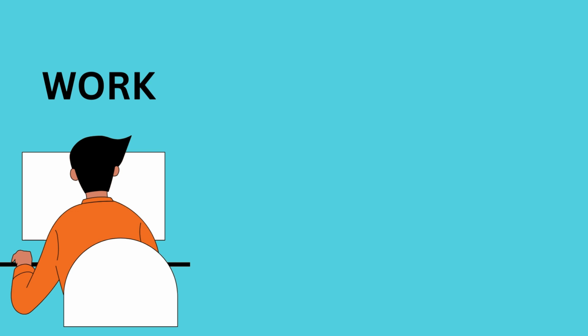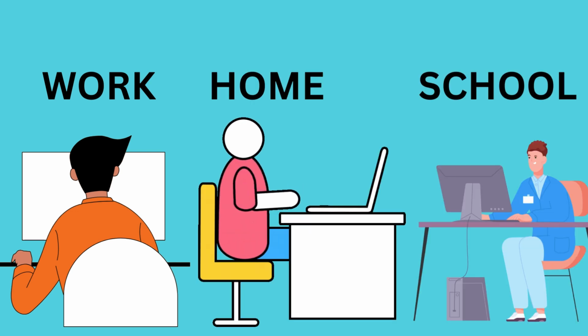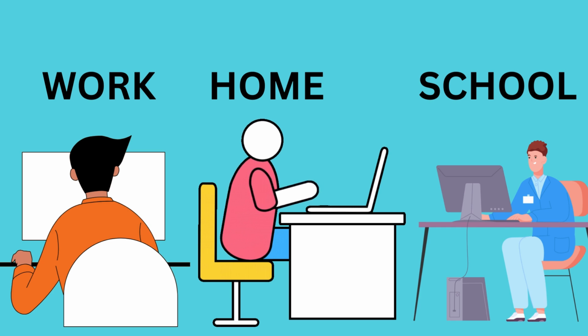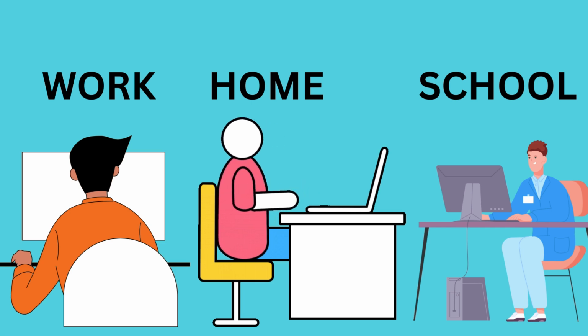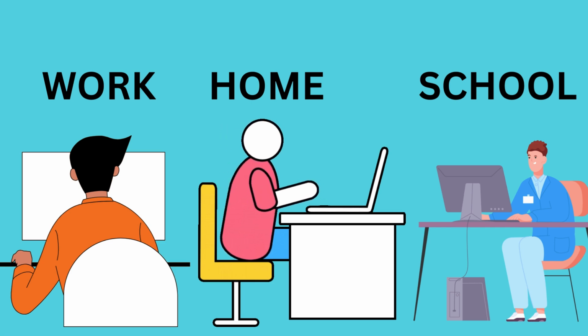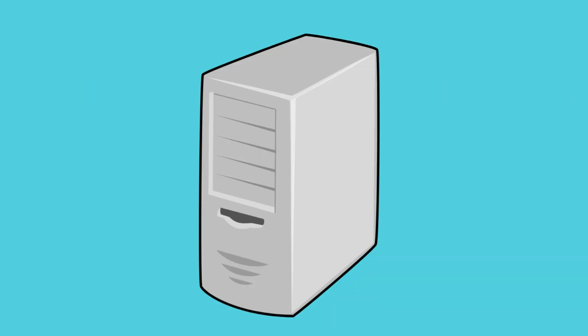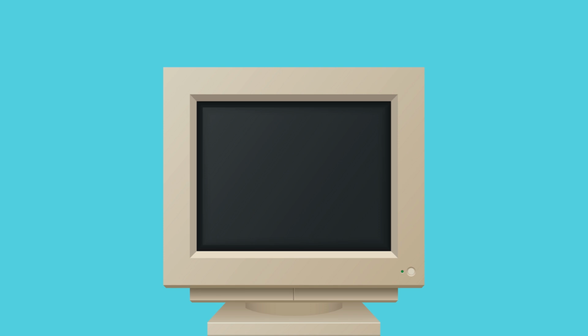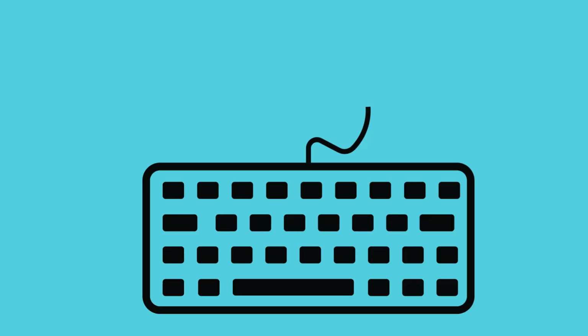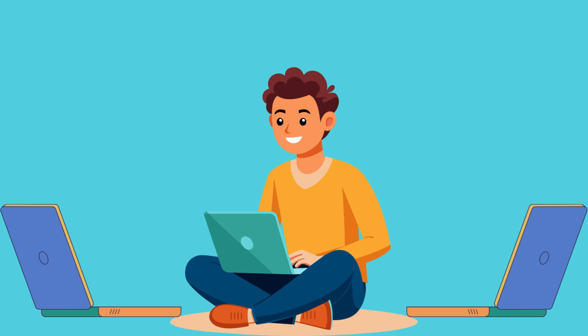Yes, many people use desktop computers at work, home, and school. Desktop computers are designed to be placed on a desk, and they are typically made up of a few different parts, including the computer case, monitor, keyboard, and mouse.